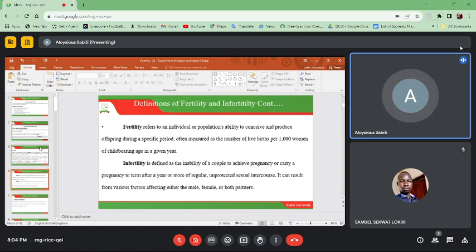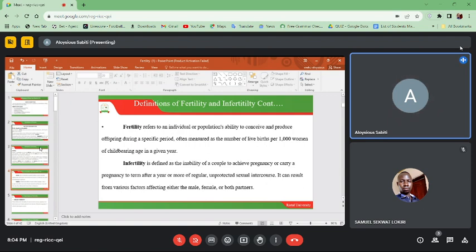So at this particular point, you just look at an individual's ability to produce an offspring that is live, which I explained in the first definitions there. So some of these scholarly definitions have continuously been upgraded, because as people do a little more research, they are able to advance the type of definitions that are there.